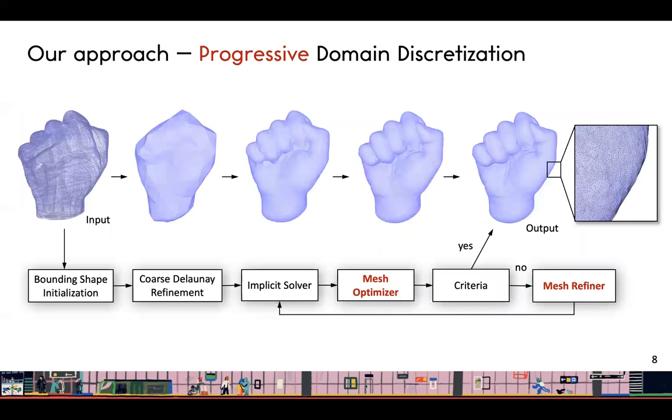Given a point cloud, the domain boundary is initialized by a loose sphere bounding the input point samples, then refined by coarse linear refinement. The algorithm iterates through the solver, optimizer, and refiner. The final surface, contoured by marching tetrahedra, is generated as output once user-specified criteria are met.